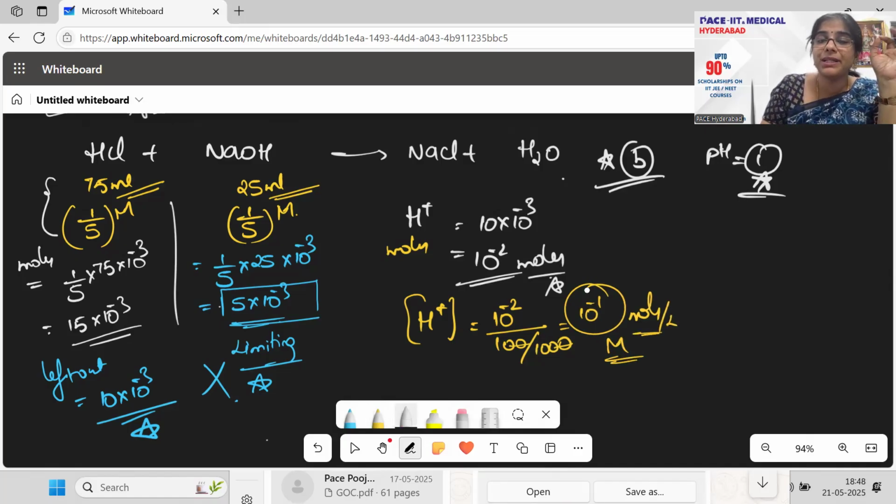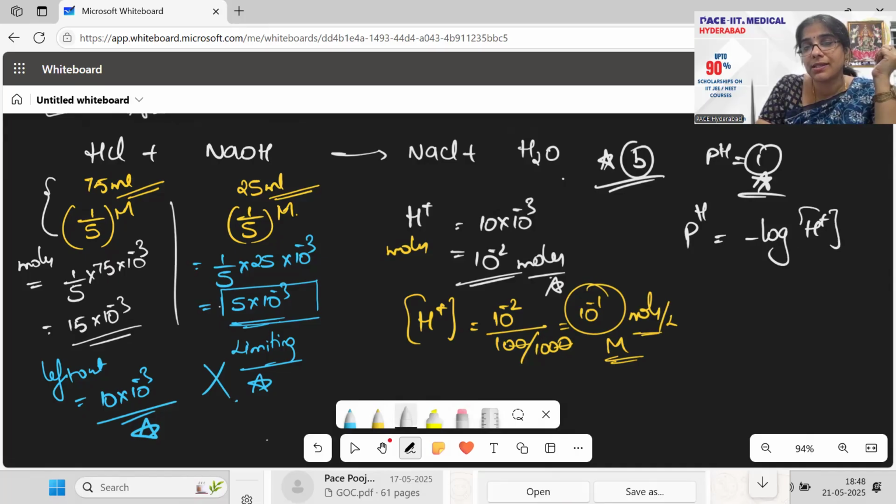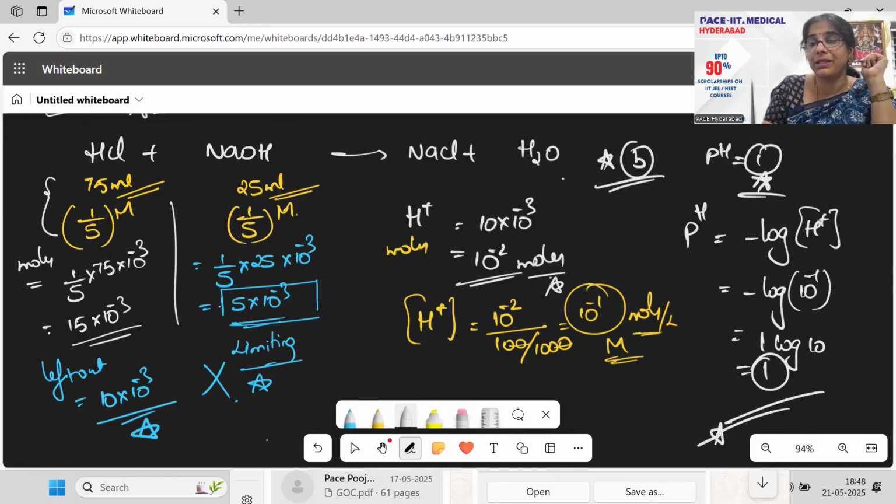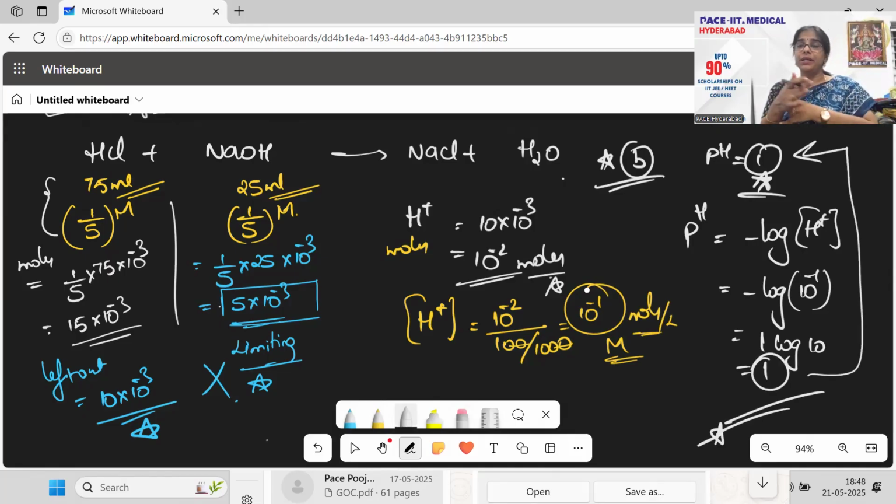Now, why did we bring H plus concentration? Because I'm being asked about pH. pH is minus log H plus concentration. How much is the H plus concentration here? 10 to the power minus 1. Log A power n can be written as n log A. So this minus 1 comes out, minus of minus becomes plus 1. 1 log 10, answer is 1, and that is what we need to show. We want pH as 1 there. Yes, option B is my right answer.